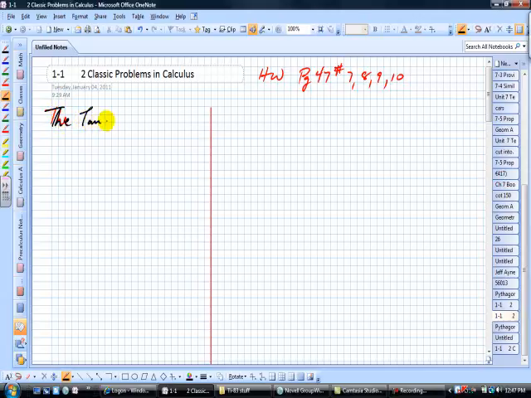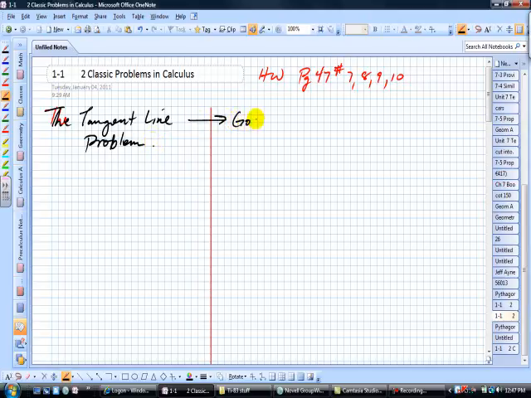Okay, so the tangent line problem. What we basically want to do is find the slope of the tangent line at any point given a function f of x.